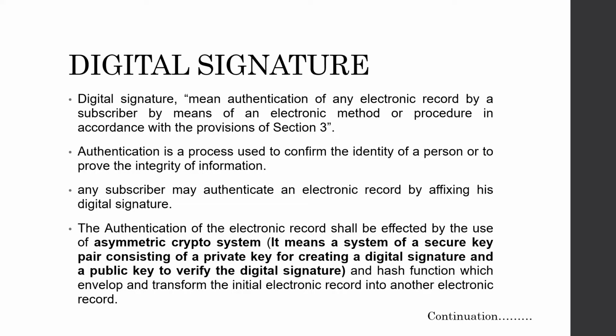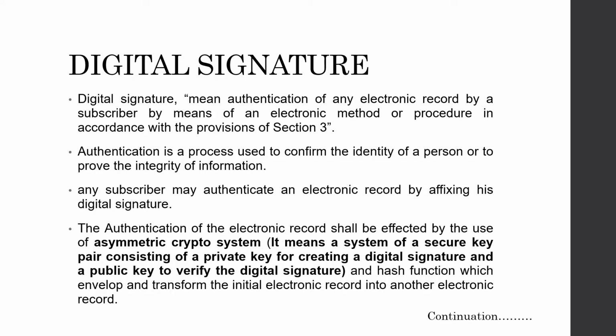So it's nothing but authentication of an electronic record by a subscriber, meaning who is going to affix their signature. Next point is, authentication is a process used to confirm the identity of a person or to prove the integrity of information. Whether it's your signature, you are signing, that verification will be done.